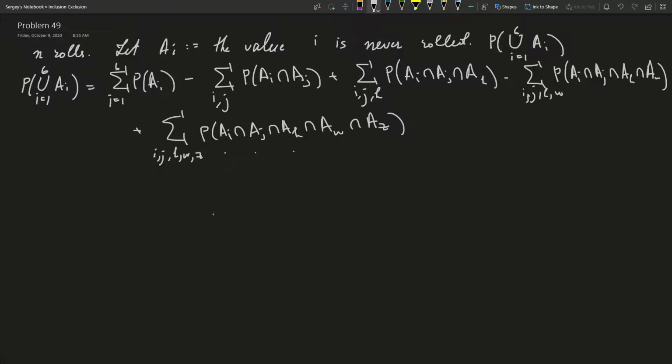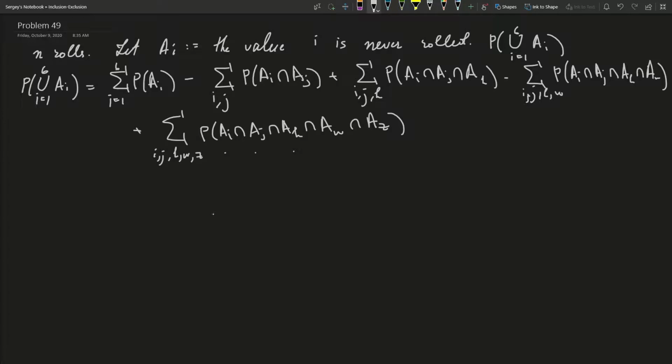If I use all 6 of these events, that means none of the values of the die occur when we roll the die n times, and that is not possible. The die has to land on at least one value. So the probability of the intersection of 6 such events would be 0, because the die has to land on something. So now let's compute each of these probabilities so that we can plug them into this formula.